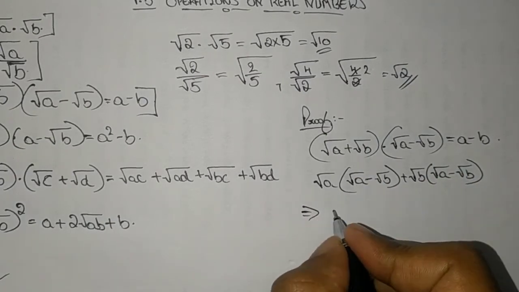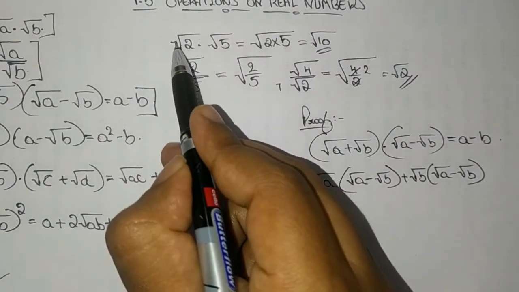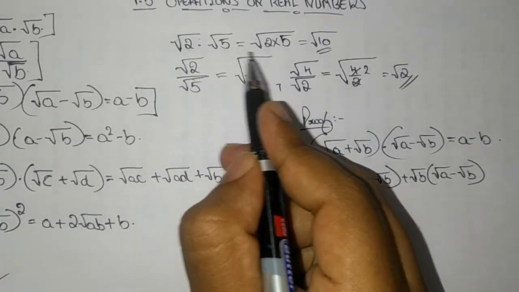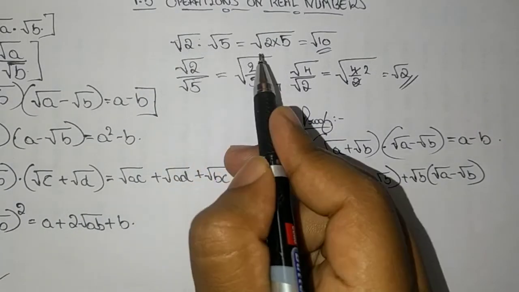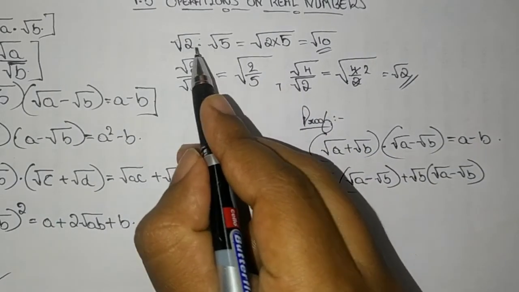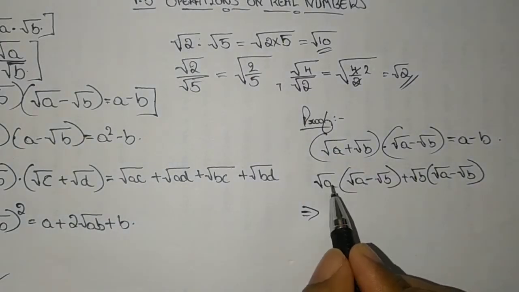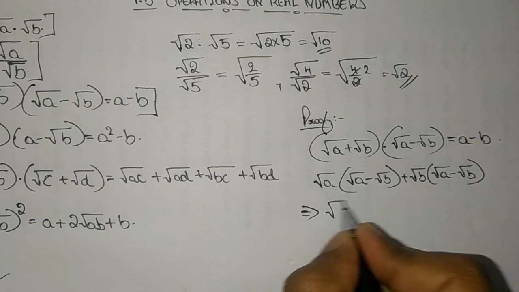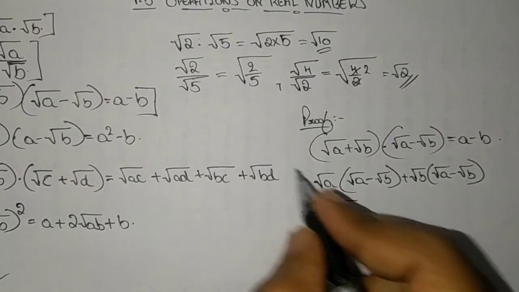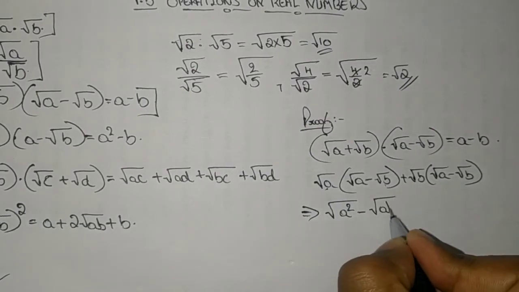Now root a into root a: the first concept says root a into root b is root ab. Here, sorry, root a into root a is root a square. Here 2 and 5 are different, but here both are the same, a and a. This gives you root a square minus, by the second concept with different numbers, root ab.